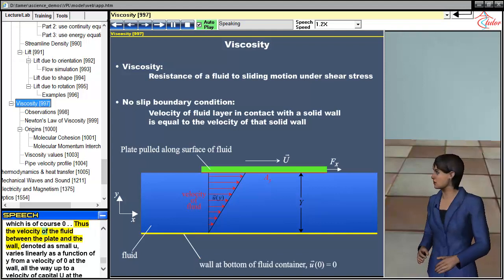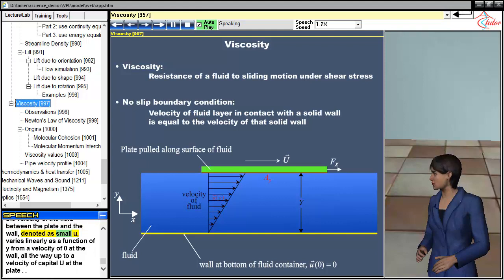Thus the velocity of the fluid between the plate and the wall, denoted as small u, varies linearly as a function of y, from a velocity of 0 at the wall, all the way up to a velocity of capital U at the plate.